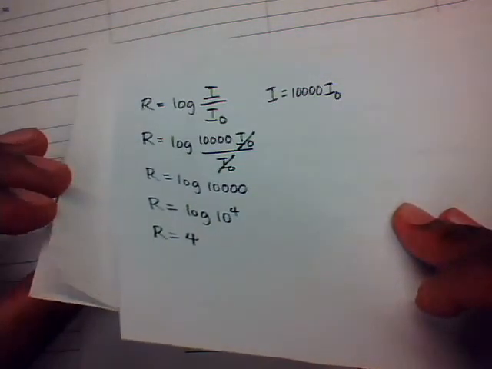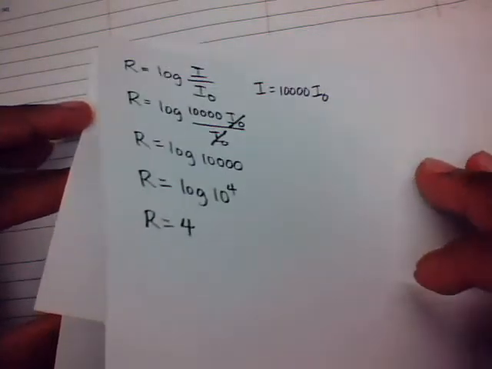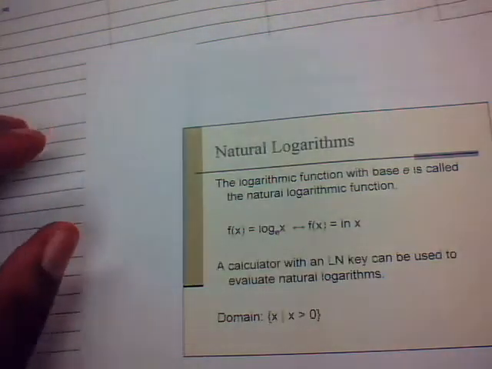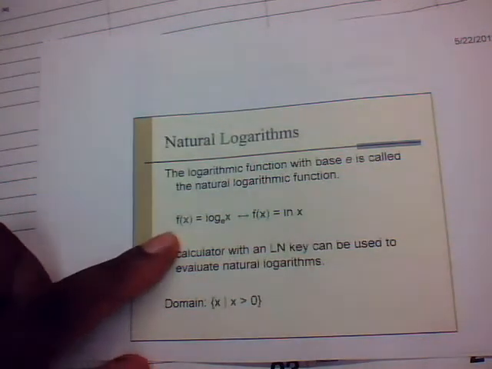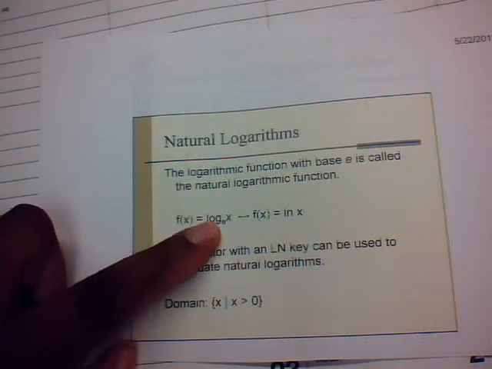Okay. All right, the next thing we'll look at is natural logarithms. The logarithmic function with base e is called the natural logarithmic function. If you have base e, then that means we're dealing with a natural logarithmic function, meaning f of x is equal to log to the base e of x.